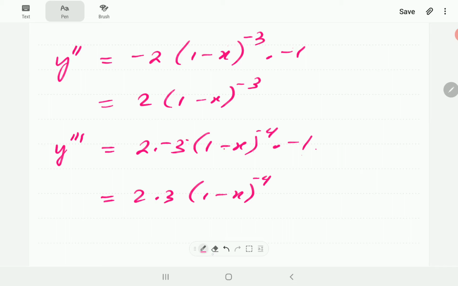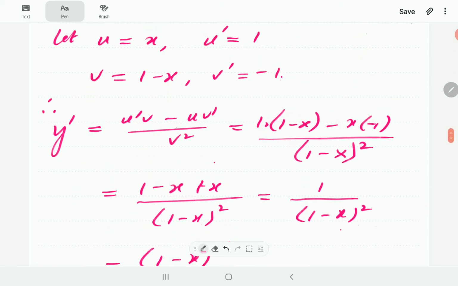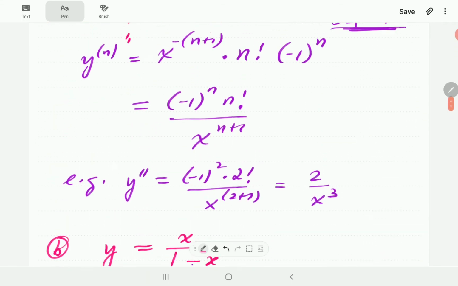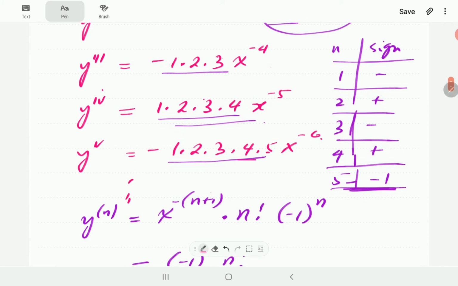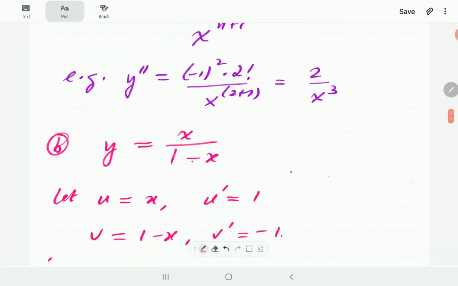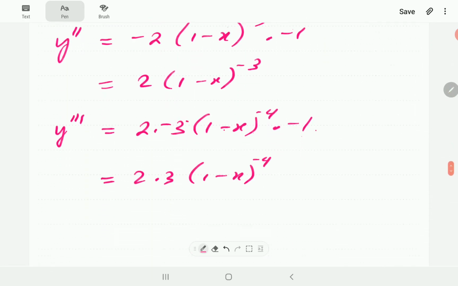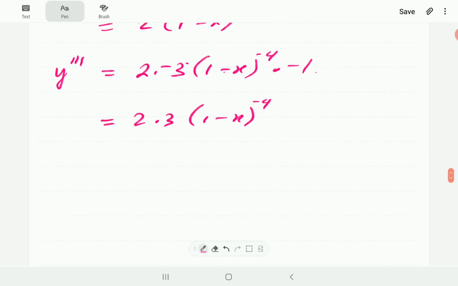So again, notice that I am not working out these terms, just leaving them as they are, like we did here. And then in that case, it becomes easier to spot a pattern that is developing.